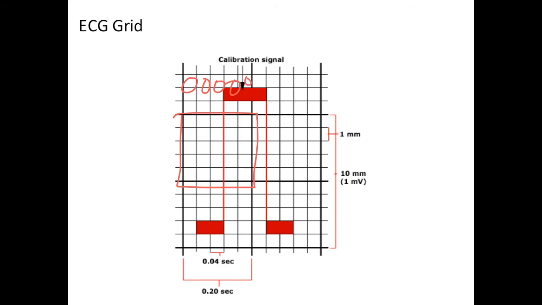In terms of time, from one large box to another it's 0.2 seconds, and the time from one small box to another small box is 0.04 seconds, and that is what is represented on the x-axis. On the y-axis we have voltage, and 10 millimeters or 10 small boxes is equivalent to 1 millivolt.